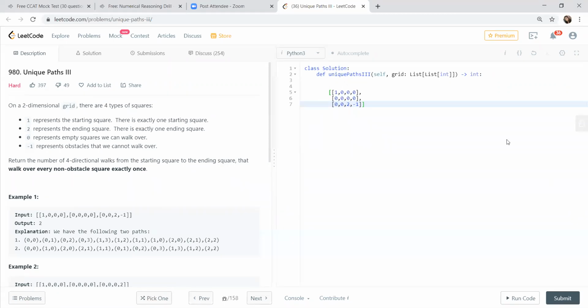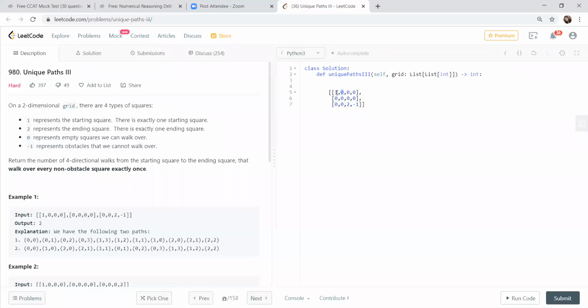So if we are traversing by one path, then we cannot traverse that particular cell again to reach the destination. And I believe, help me understand if I'm getting this correctly, the problem statement is saying that we have to cover all the zeros. Yes. We cannot leave any zero.